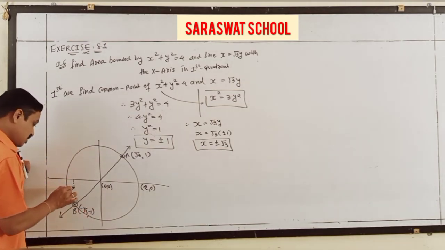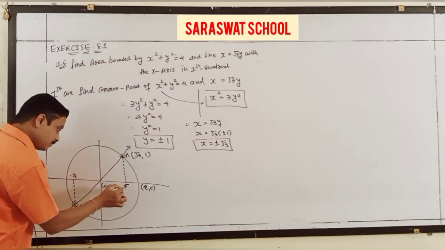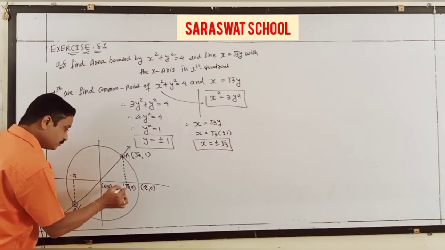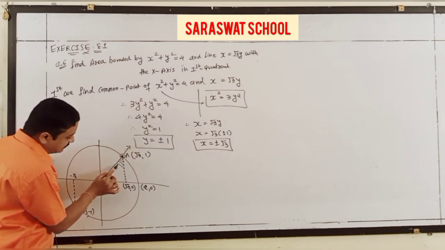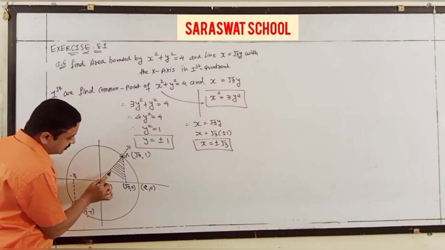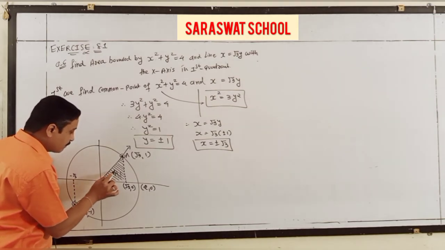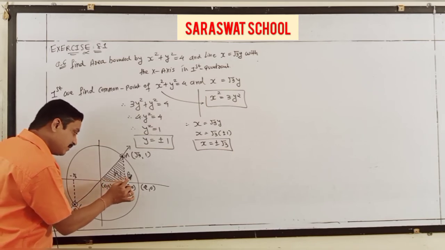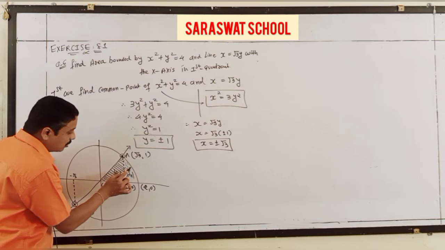This is your minus root 3, this is your plus root 3, comma 0. I want only the first quadrant, so I only explain that. That's the region for A1, and secondly region A2. This is region A2, I indicate that with dots.